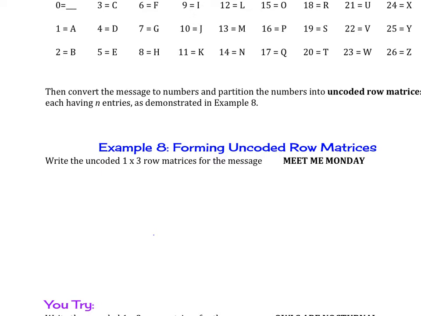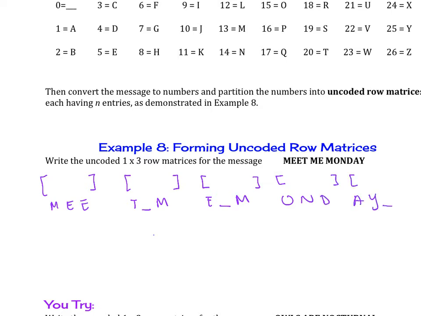So it's going to look like this, 1x3: M-E-E, then T, a space, and M, then E, space, M, then O-N-D, and then A-Y, space.